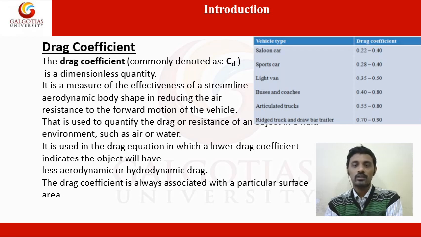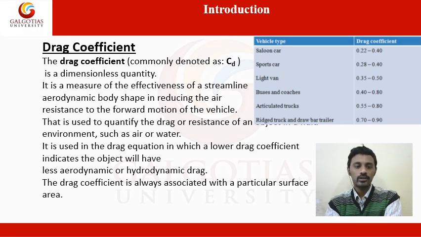And here in the tabular column, you can easily see I have listed the type of vehicle and the drag coefficient associated with it. For a saloon car, the drag coefficient is generally 0.22 to 0.4. Generally, the drag coefficient or CD will be less than 1. For a sports car, it is roughly 0.28 to 0.4. For a light van, it is 0.35 to 0.5. For buses and coaches, it is 0.4 to 0.8.